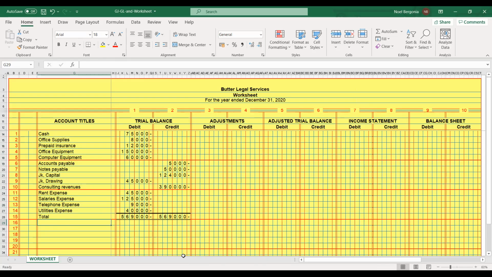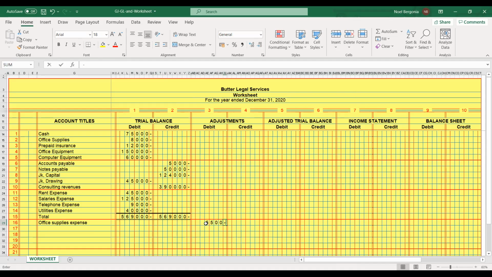Pero dahil hindi natin nakita yung office supplies expense, idadagdag po natin. You will write it in the account titles below the total column. And then naka-debit siya doon 5,500. So yung office supplies expense ninyo in the adjustments column, dapat mailagay natin siya sa debit column din. So, 5,500. Make sure ha, nakatapat siya ng office supplies expense. 5,500.